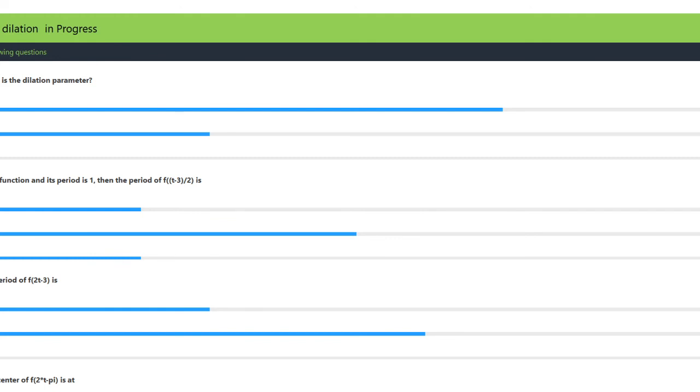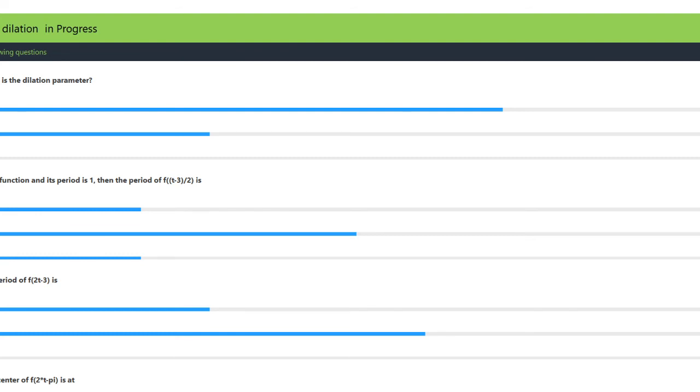A means the dilation or scale, where you stretch or push, and B is the shift, where you shift the signal. This is the fundamental description of both dilation and shifting. You need to remember this format, and based on it you can do all the other questions.